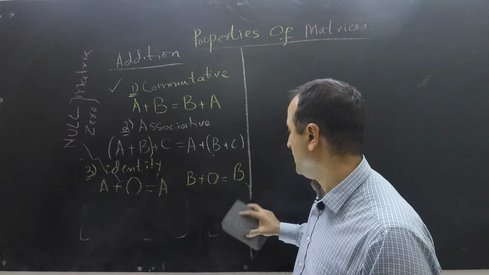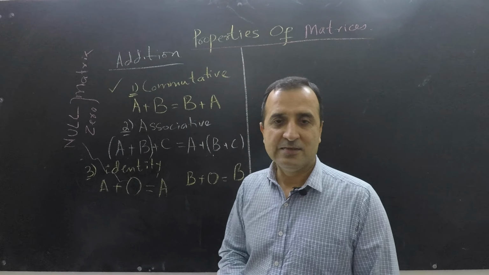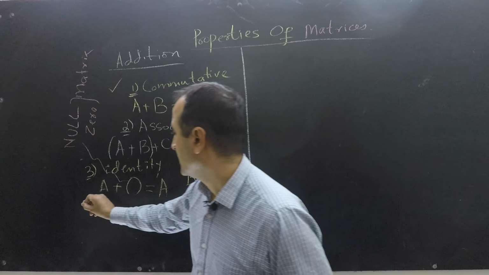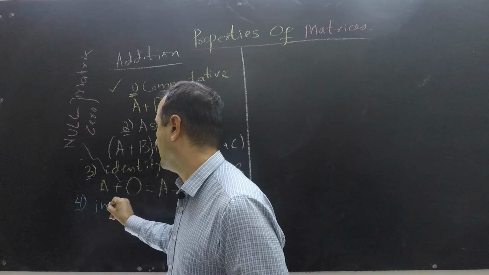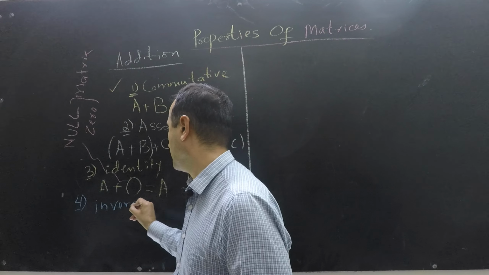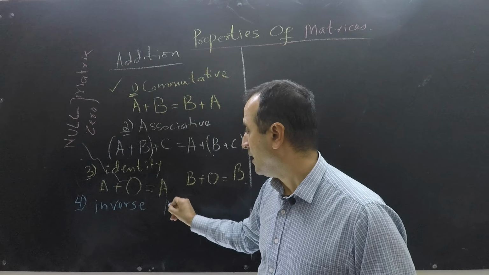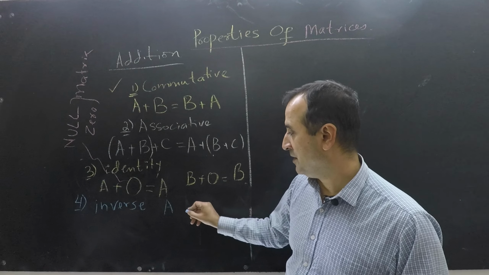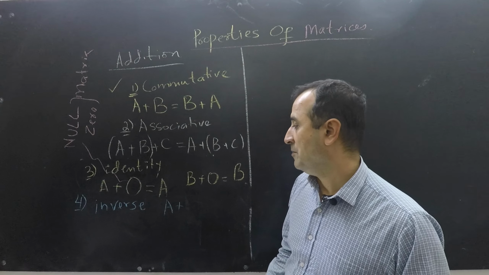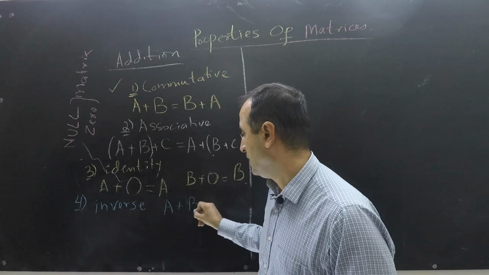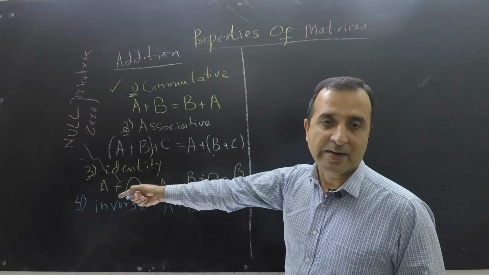The last property of matrix addition, maybe second last, is the inverse property. Inverse means that if I add to a matrix A a special matrix with respect to A, which I call maybe B, then my result is the identity matrix, or null matrix in this case.